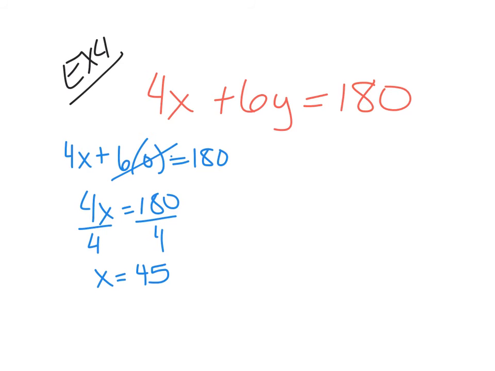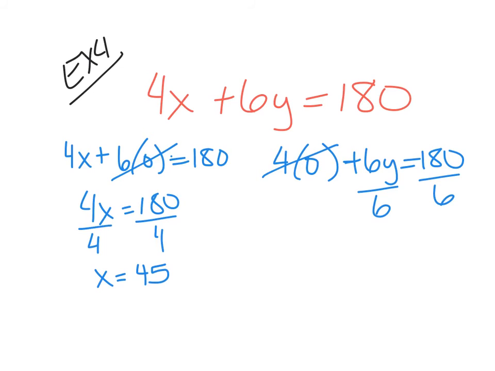So our x-intercept's 45. Let's try the y-intercept. So I plug in my 0 where the x is. So divide by 6. Y equals 30.